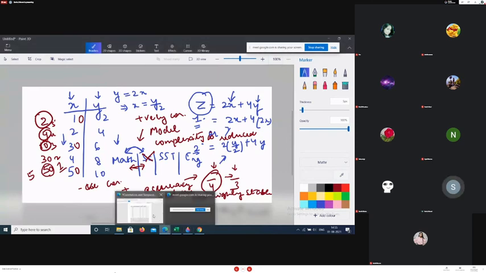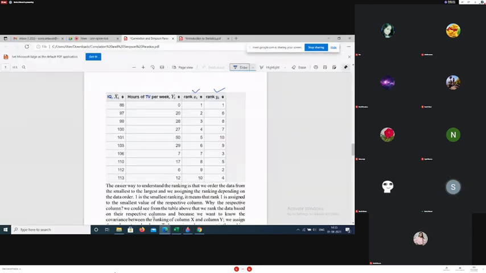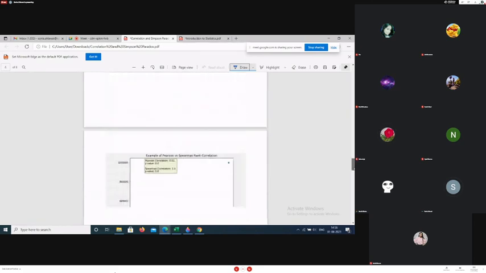Similarly over here there is a data set in which the rank is given for the data points, so the rank of x is given here as 1 2 3 4 5 6 7 8 9 10. The rank of y is given here as per the data set, whoever designed it. They said 20 is my 6th rank, or after 20, 50 is the 10th rank. So now they will calculate accordingly. Is it okay, class? Yes, ma'am.